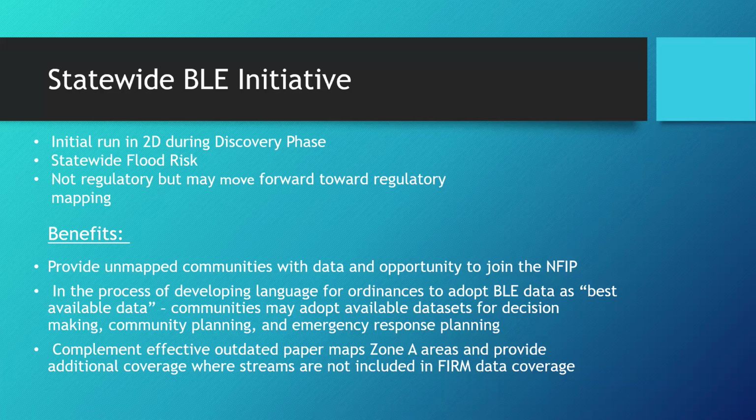And so the base level engineering, as I mentioned, is not regulatory. A regulatory map, we do countywide mapping. So once we get through a project to a certain point, we break it down by county, and then that county has its own individual mapping project. And the BLE is the first stage.